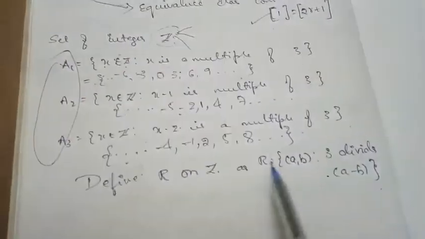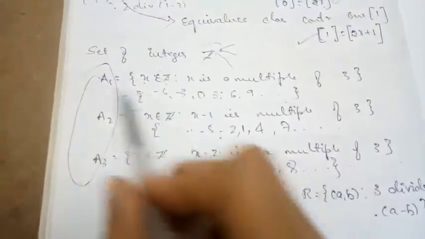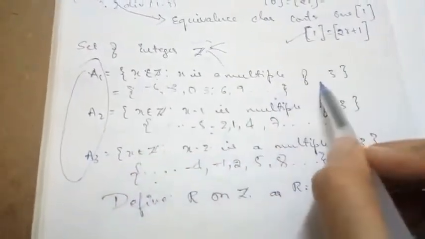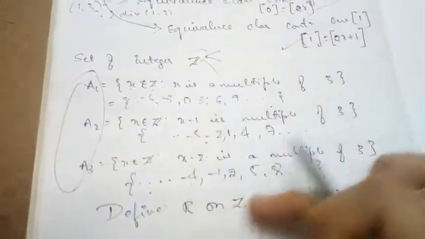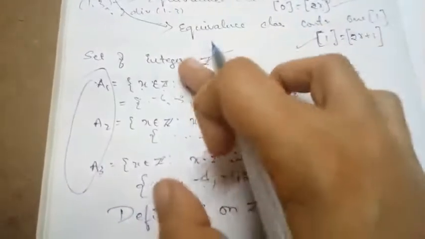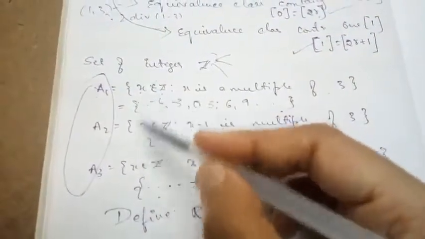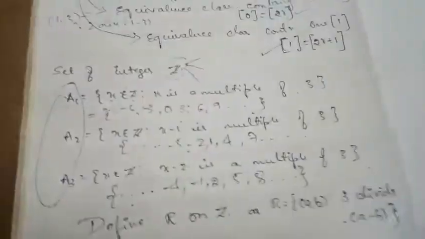So now you can see that each of the classes A1, A2, A3, all these classes satisfy this condition, and all these classes are mutually disjoint. If I take the union of all these three, we get the set of integers. If I take the intersection of any two sets, it is mutually disjoint.